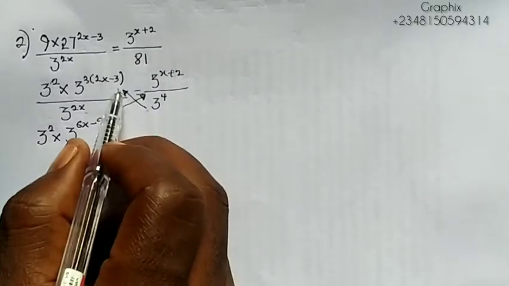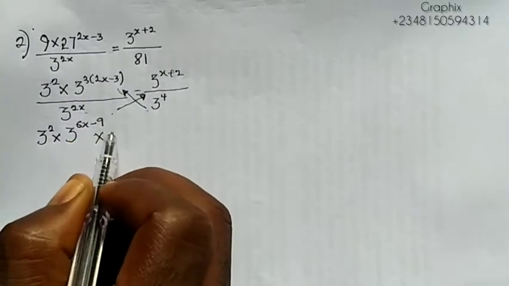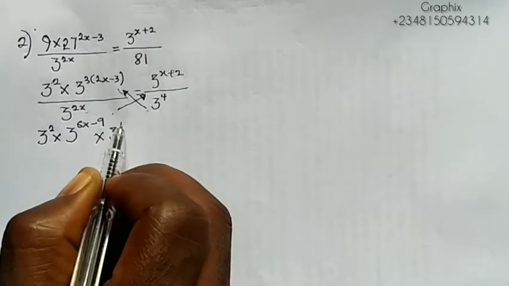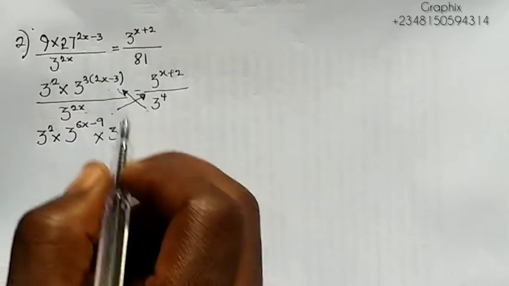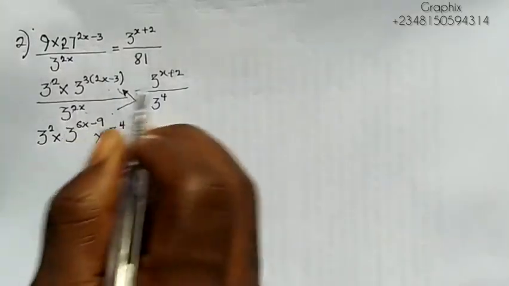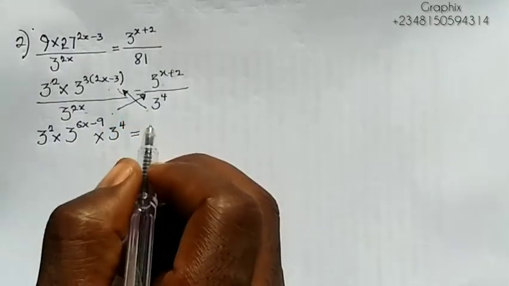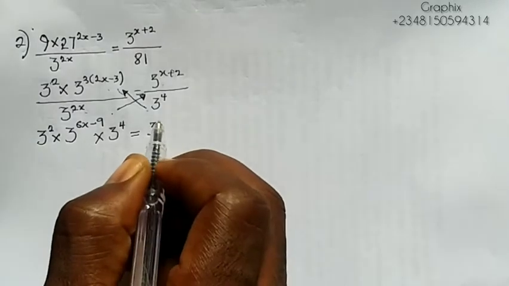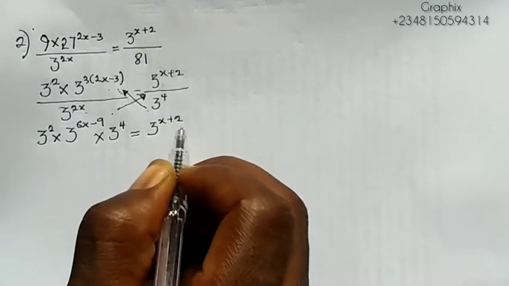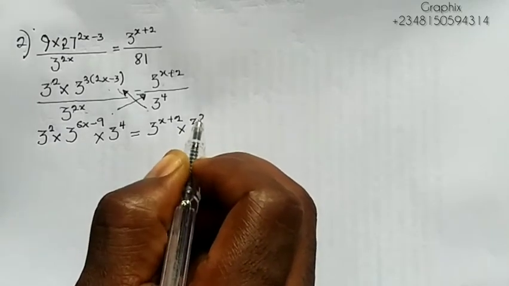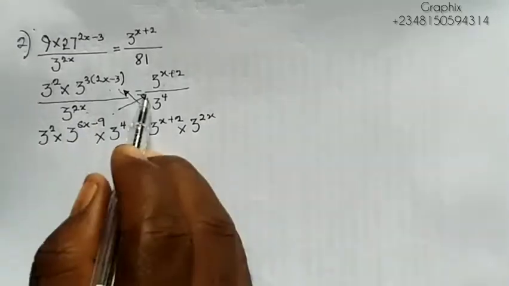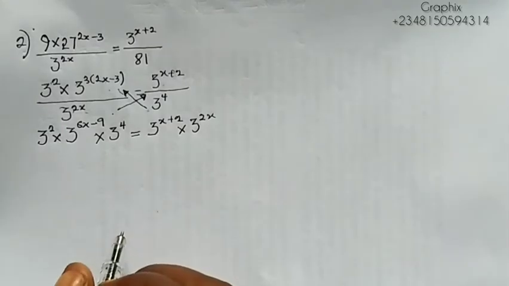Then I'm taking this up to be multiplied by 3 to the power of 4, equals, I'll take this up too. I'll start with 3 to the power of x plus 2 multiplied by 3 to the power of 2x. So I've taken this up, so we call it cross multiplication.